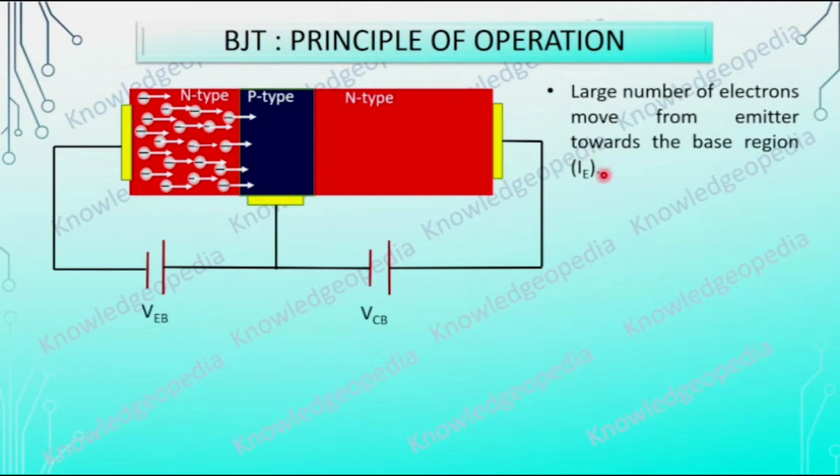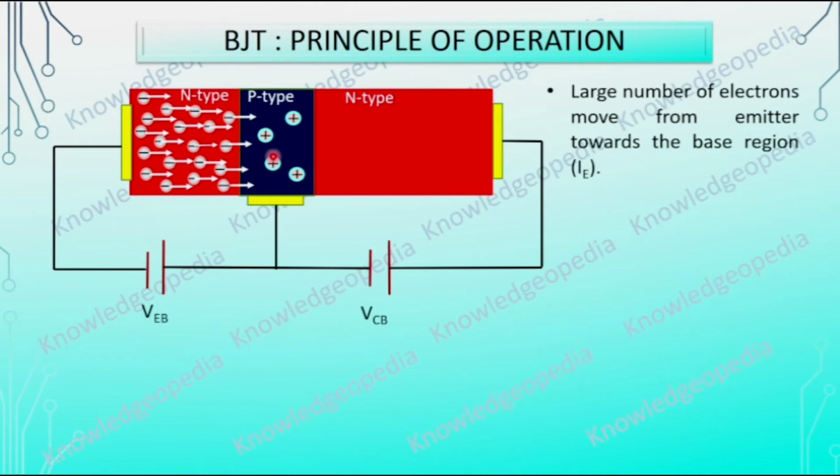I will tell what this IE is. Let me explain first. So when these electrons enter the base region, what happens over here? The base region is P type. That means what are the majority carriers over here? Here they are holes. As I have mentioned, this base region is very thin. Further, its doping is also very light.